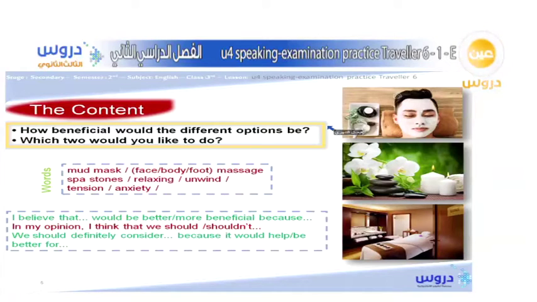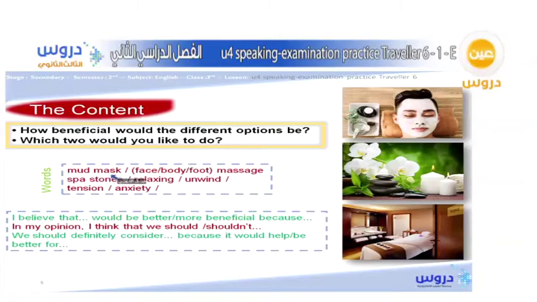Now, we are going to give you an example, and you need to use those helpful words. How beneficial would the different options be? The second question, which two would you like to do?